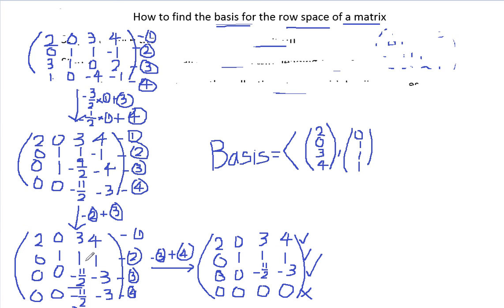Sorry, this one should be minus 1. Sorry for the mistake. So minus 1. And after that will be 0, 0, minus 11 over 2, minus 3.